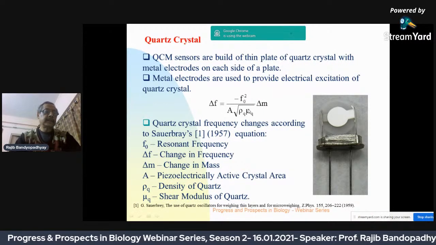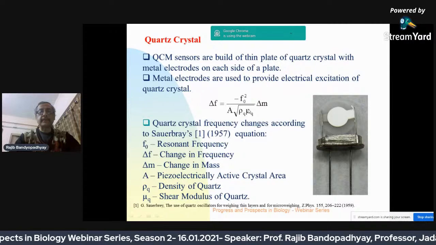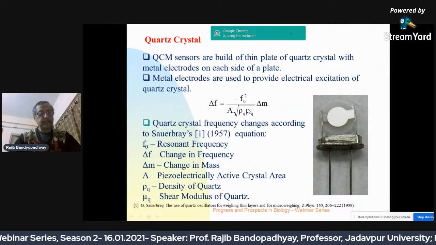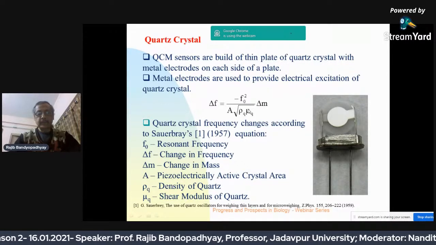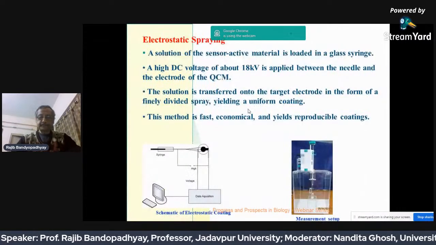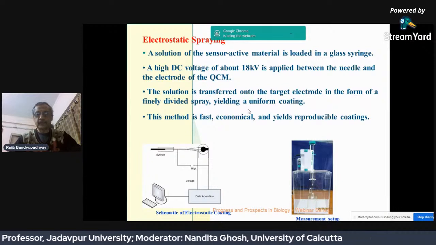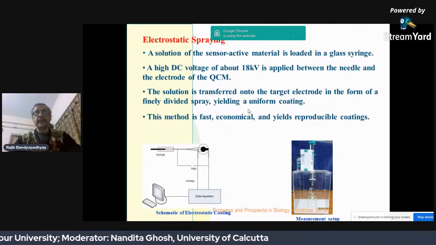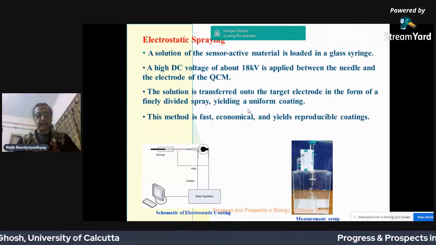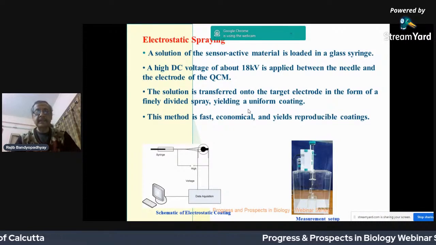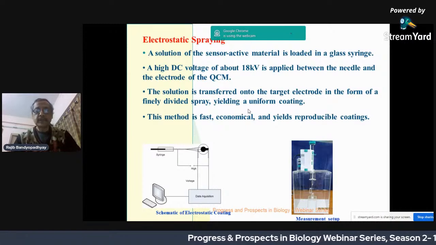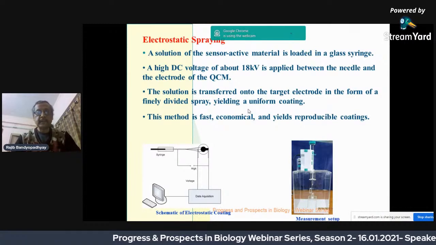If there is a change of mass of 1 nanogram, it can detect that. Because of a change of 1 nanogram, we can have a frequency drift of say 1 hertz. If it is resonating at say 10 megahertz, electronic circuits are now available by which we can measure that change accurately. We regularly use that in our lab.